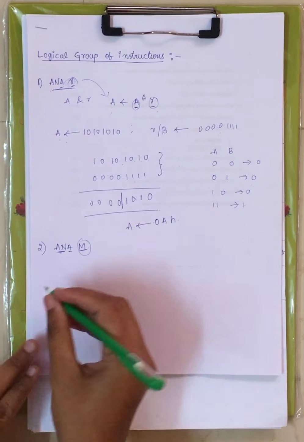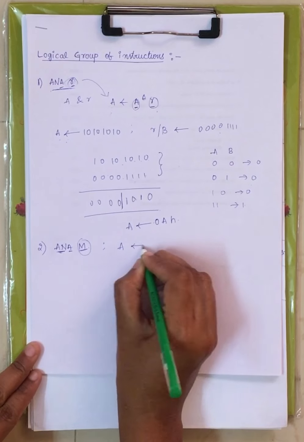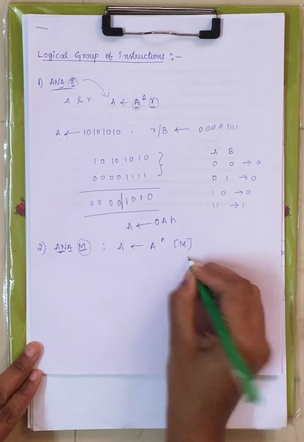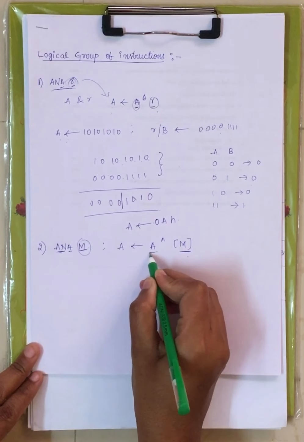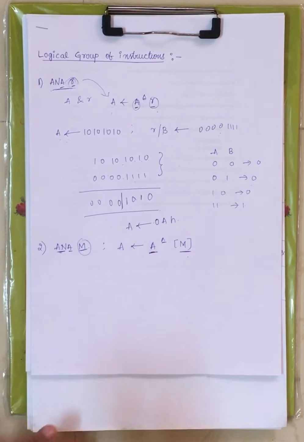Between the contents of the memory location and the contents of the accumulator we perform the AND operation, and the result is stored in the accumulator itself.